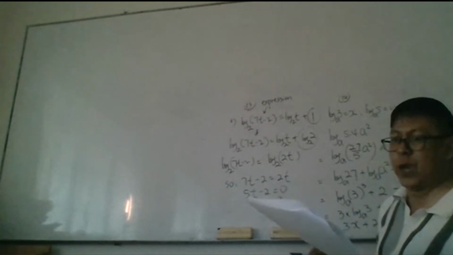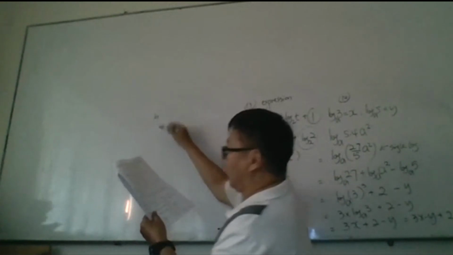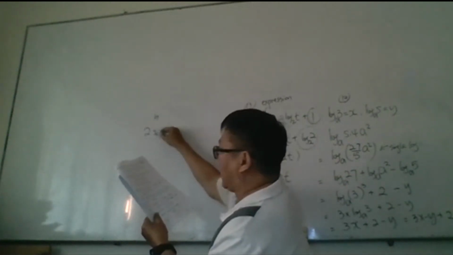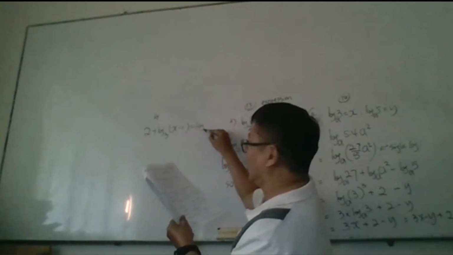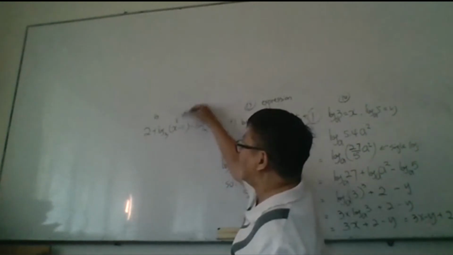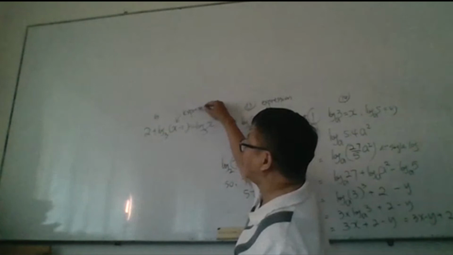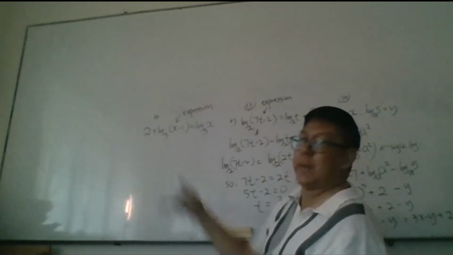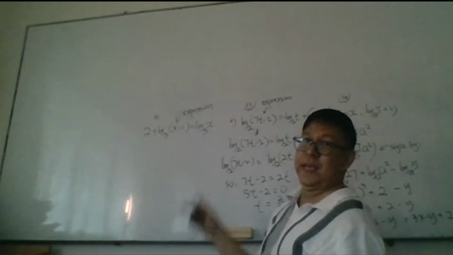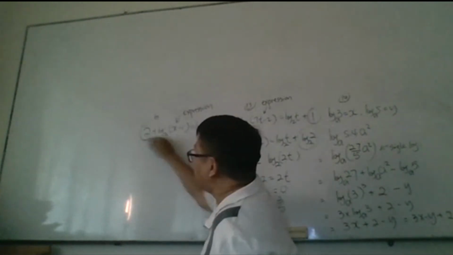I will show you one more, for part b. For b, they give you 2 plus log_3 of (x minus 1) equal to log_3 of x. Remember, this is called an expression, a linear expression, and please don't come and catch it out. Let it be. So we will change the 2.